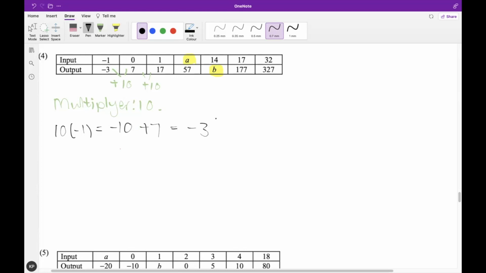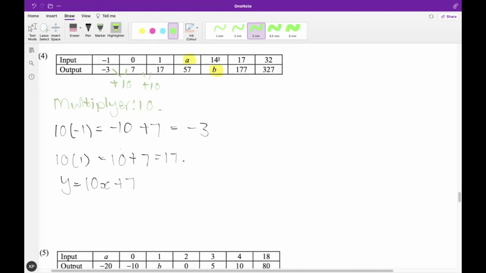Okay, that'll give us negative 3. And if we try it with an input of 1, that'll be 10 times 1, which is 10. And when we add 7, that is 17. So that means my rule is what? Nice, Maureen didn't even wait. That means my rule is 10x plus 7.